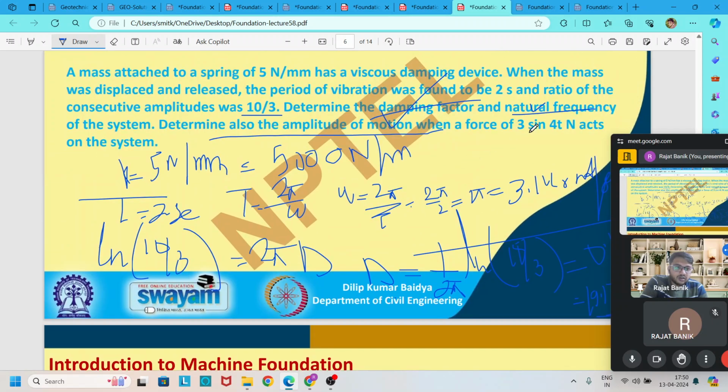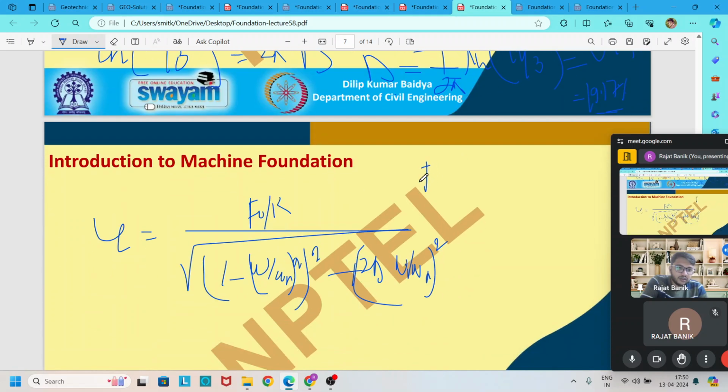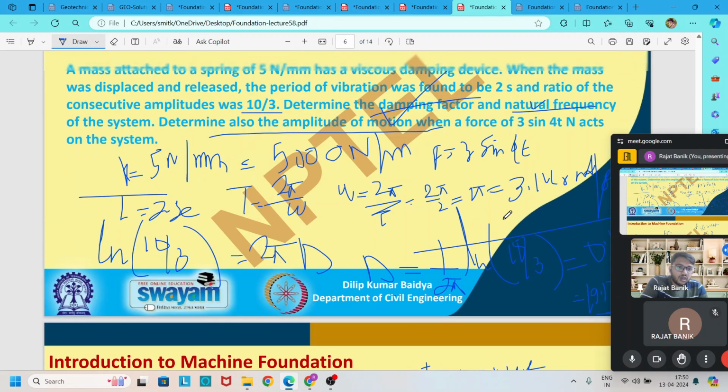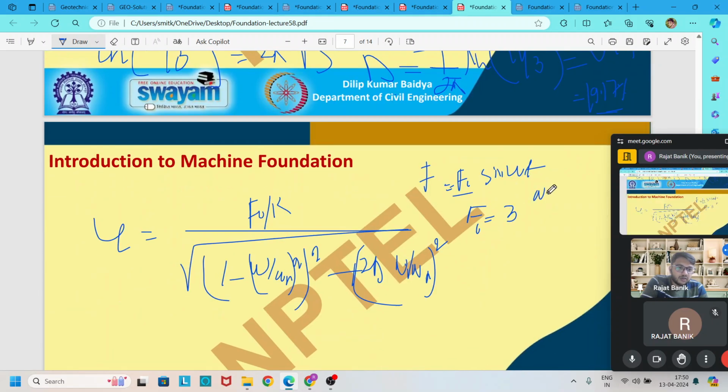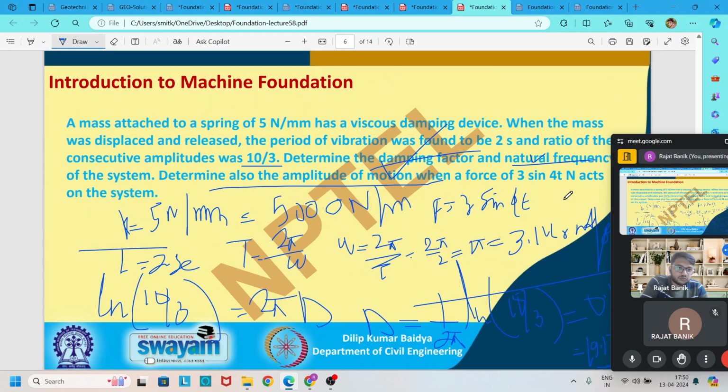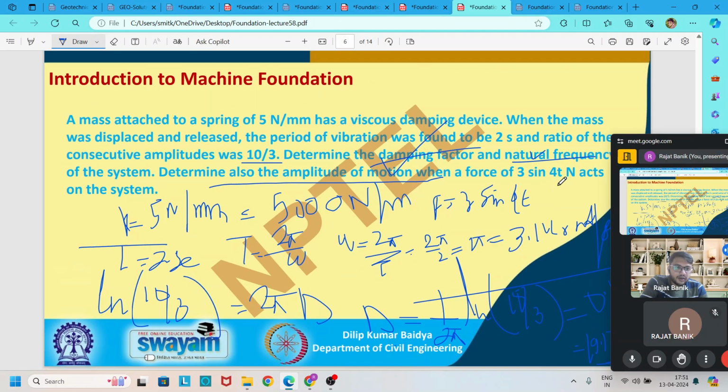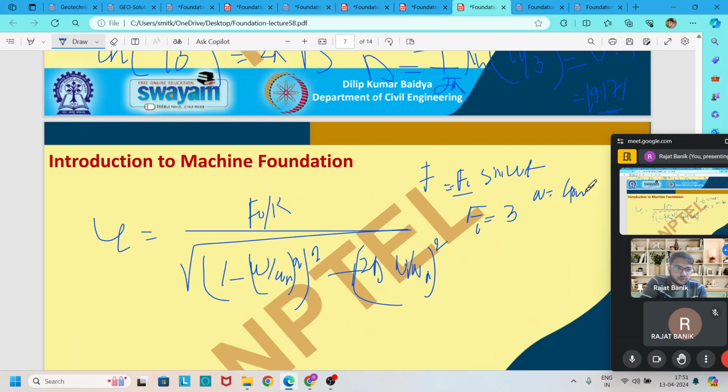In the question, the force is given as 3 sine 4t. If you write it in the form F is equal to F naught sine omega t, then our F naught is 3 and omega is 4 radian per second.